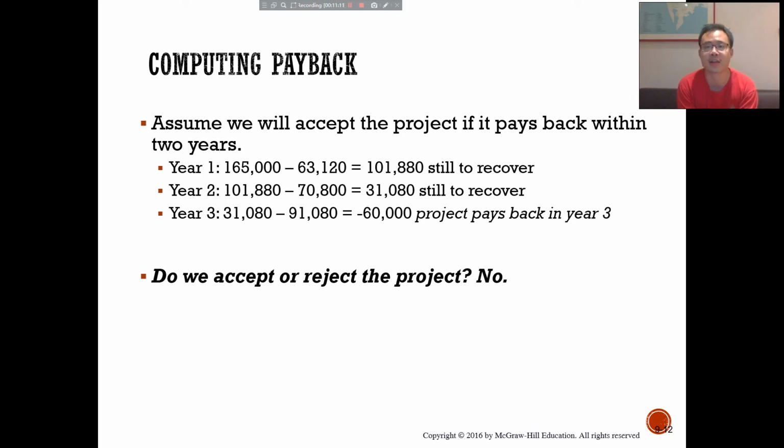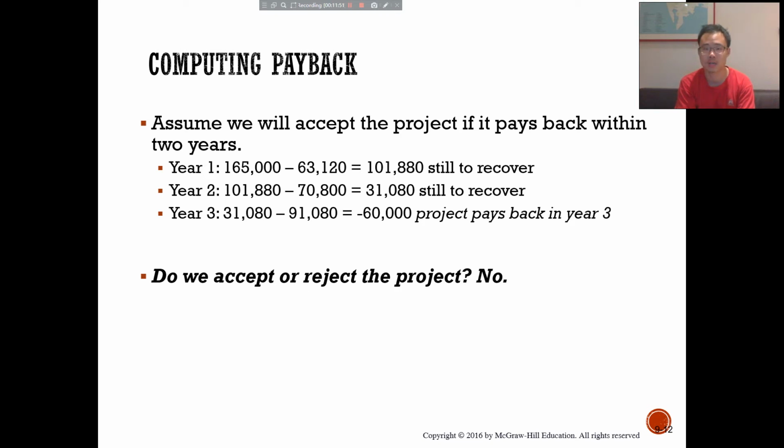And at the end of the second year, we expect to receive 70,800. But it's still not enough to cover the remaining balance. We still have 31,080 to be recovered. In year 3, finally, because the cash inflow is expected to be 91,000, which is higher than the 31,000 remaining balance, we can get all of the investment recovered in year 3.